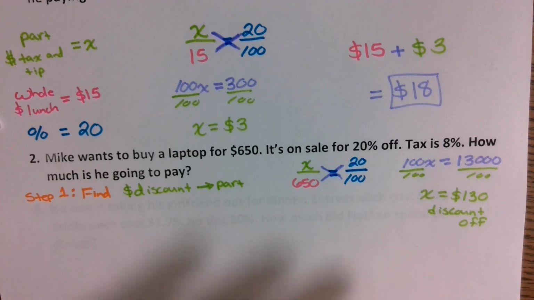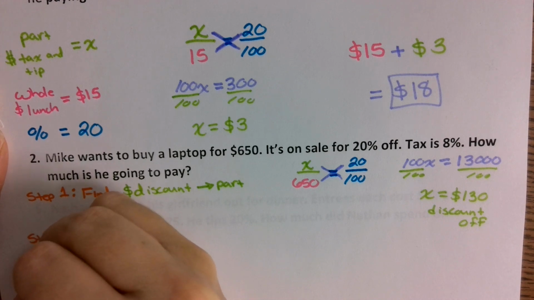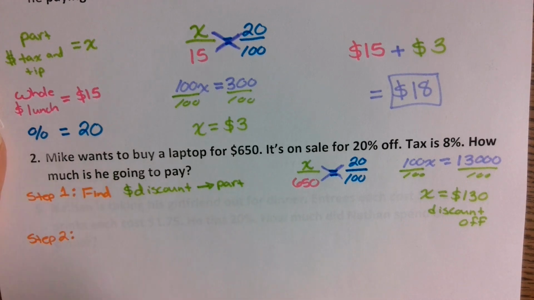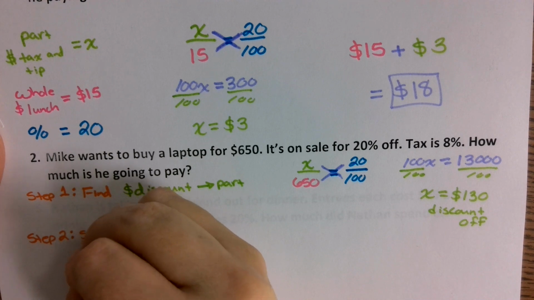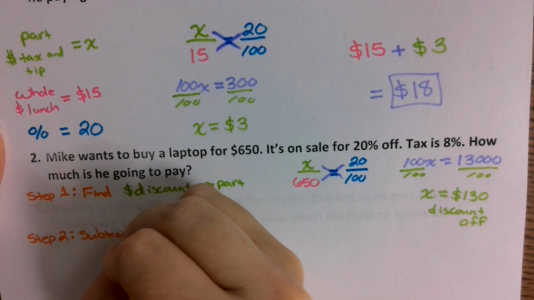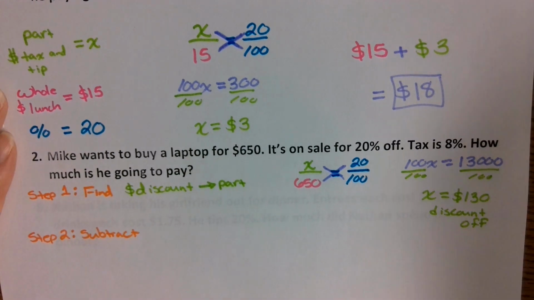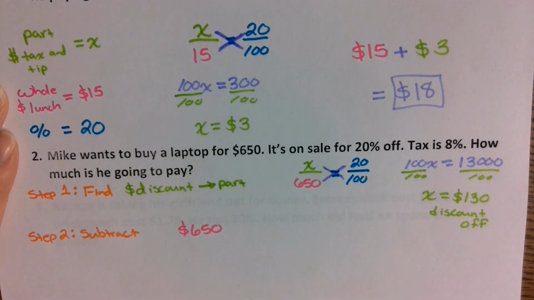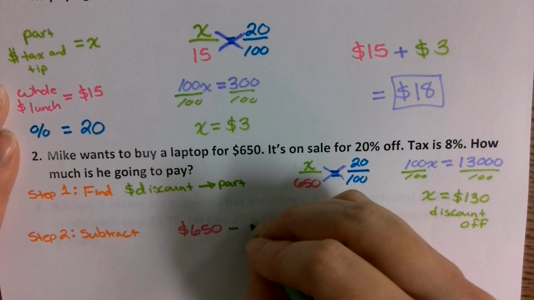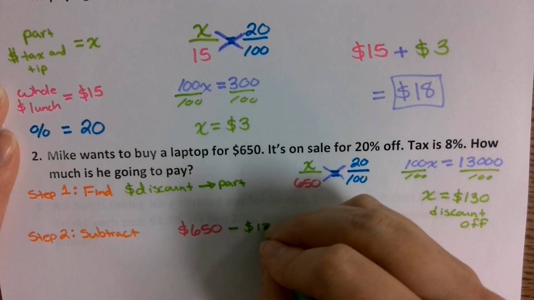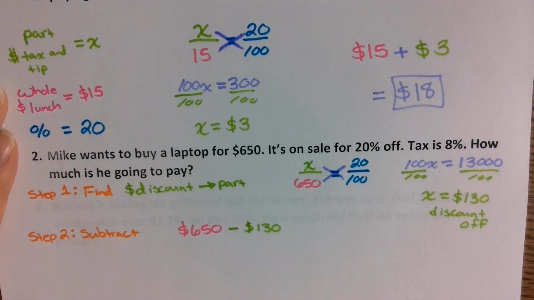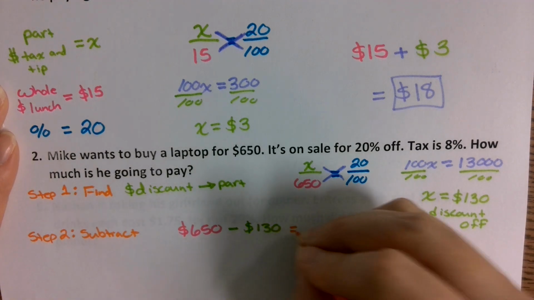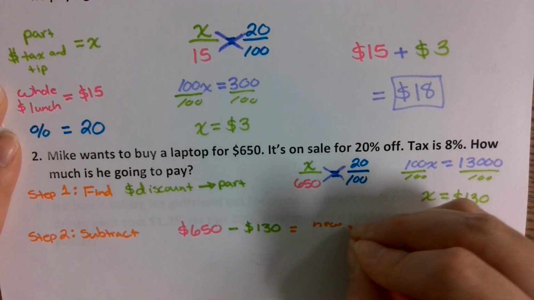That represents how much money he is able to take away, which leads us into step 2. Step 2 is to subtract. So we're going to take his 650 and subtract the 130. And that comes out to his new total, his new subtotal.